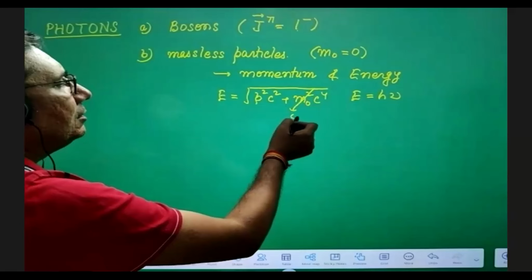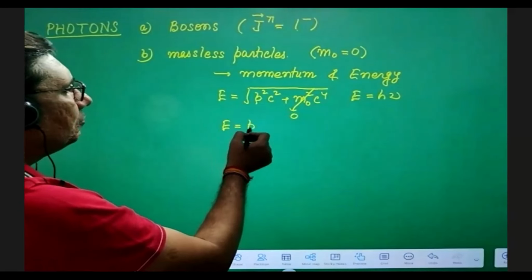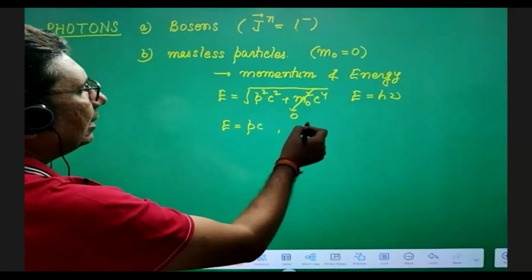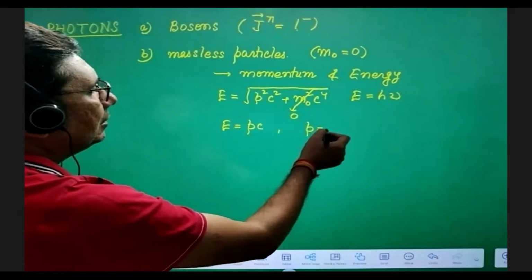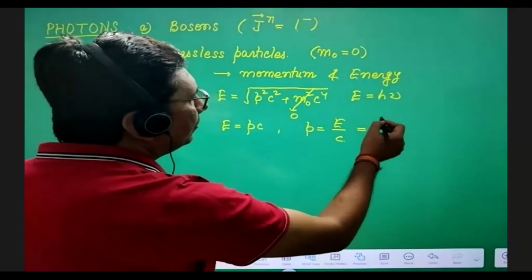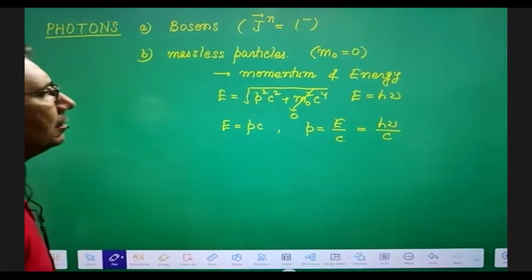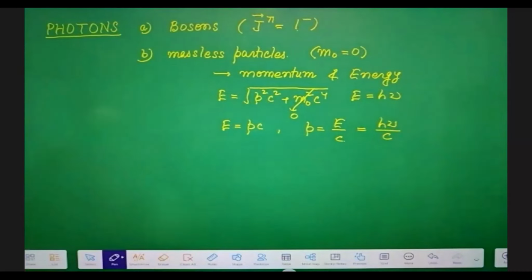M naught you are saying 0. So here E will be equal to PC. You can say that P equals E by C, or h nu by C. This will be the momentum that is carried by a photon.